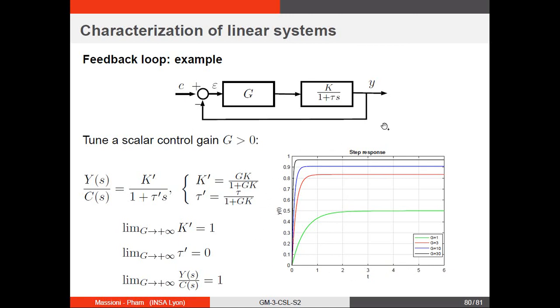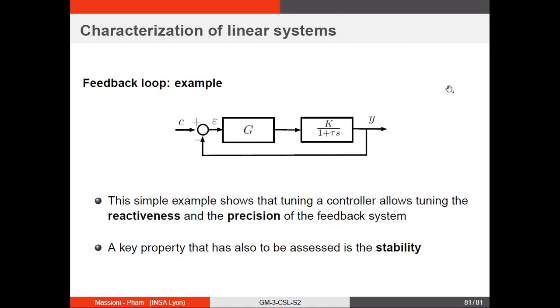So this is a very simple first example of tuning, which shows you that if you want to have your final value of Y as close as possible to C, you have an interest in getting a G as big as possible, maybe. And also, on the other hand, you can look at tau. That tau, the time constant, becomes smaller with G growing, so you see the response is quicker if your G grows.